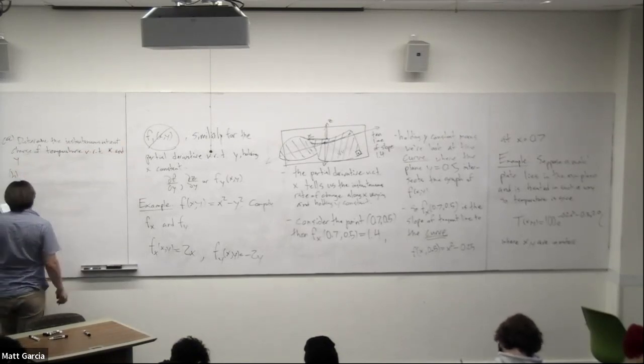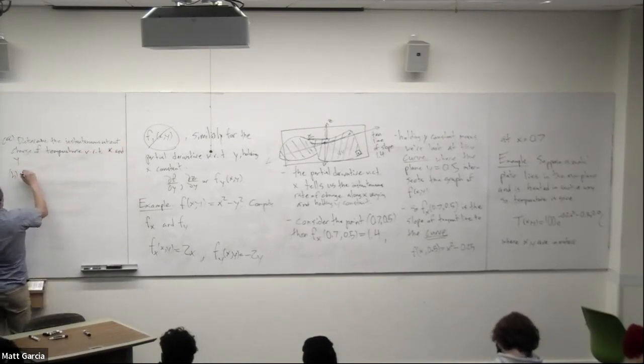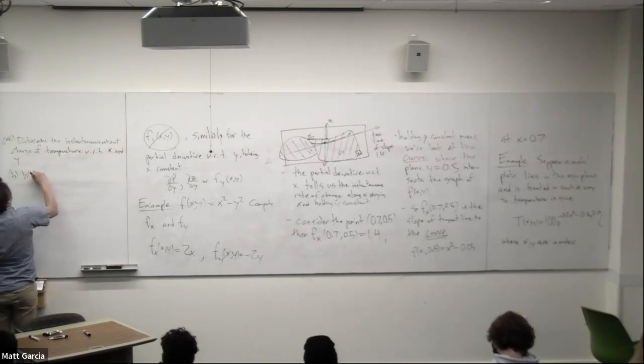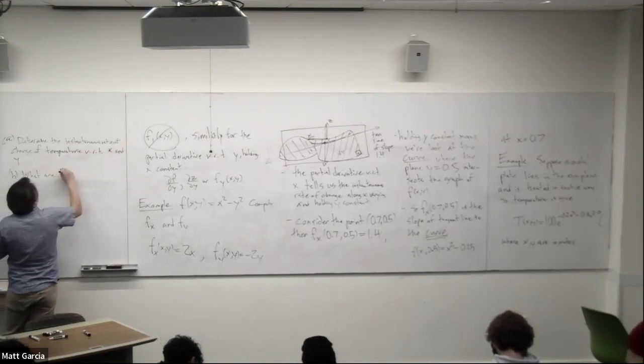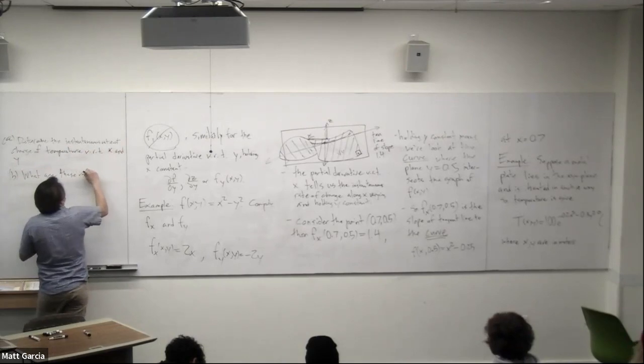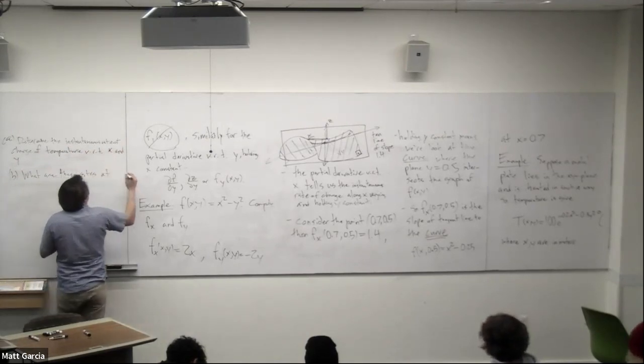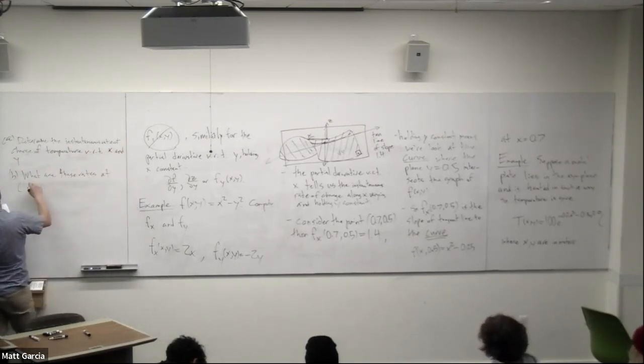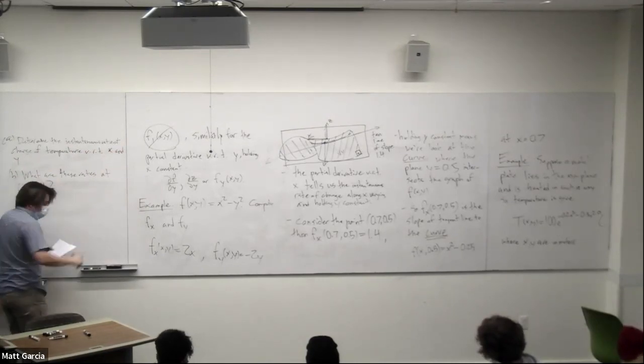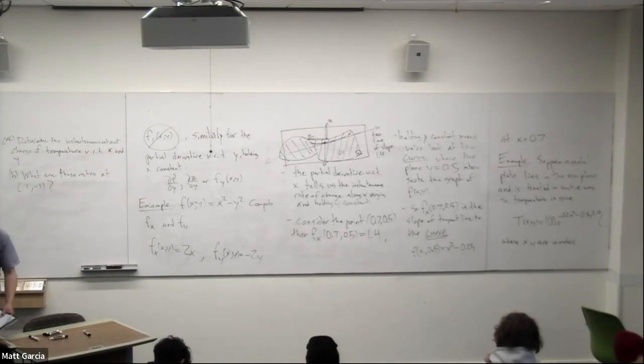And then furthermore, let me ask you to compute what are these rates at the point 1 comma negative 1.